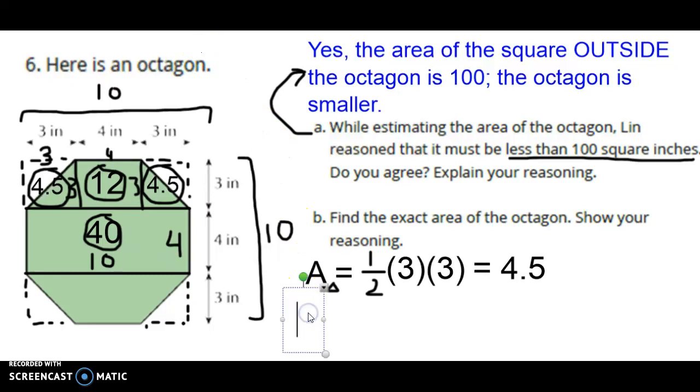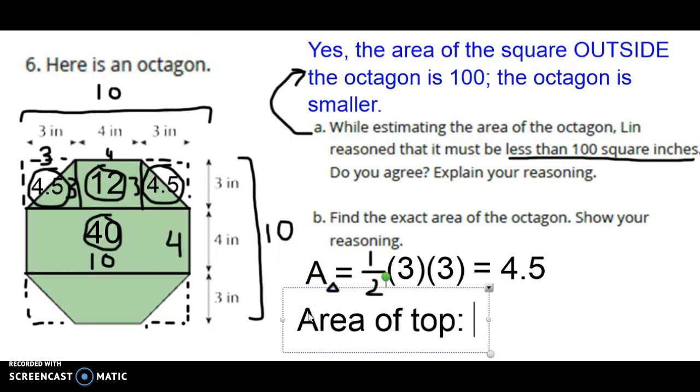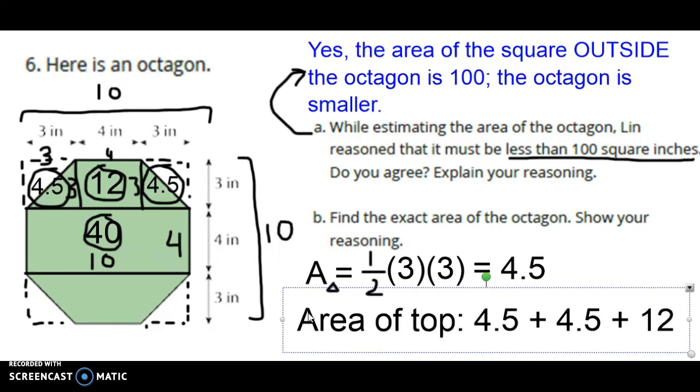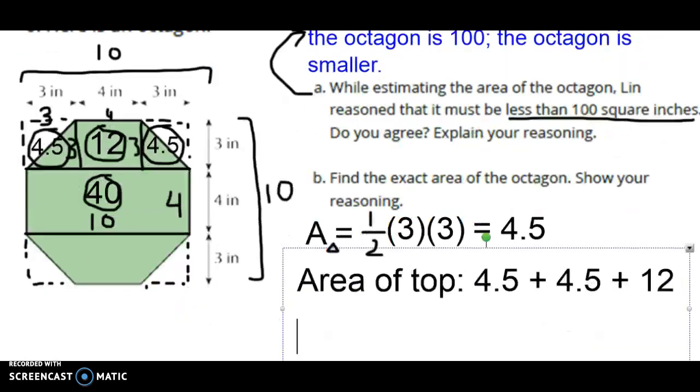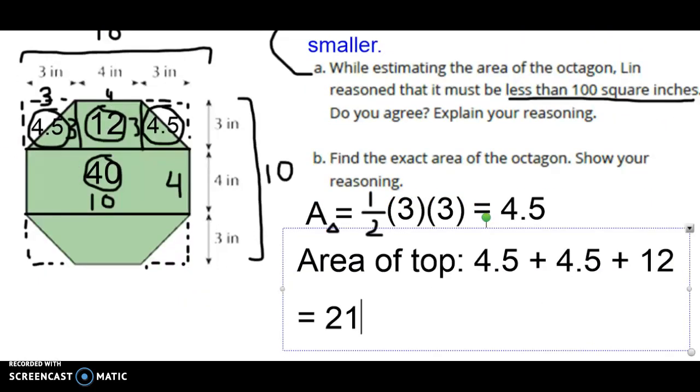So I'm going to say area of the top is 4.5 plus 4.5 plus 12. You can use a calculator if you want, or we can do this mentally. 4.5 plus 4.5 is 9, plus 12 is going to end up being 21. So now I know the area of the top is 21, the area of the middle is 40.